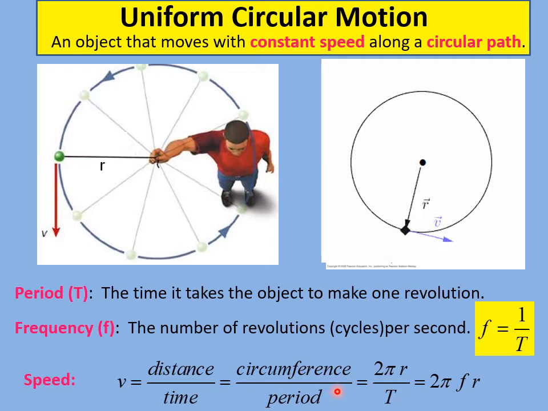So the speed of an object in uniform circular motion is given by 2 pi r, that's the circumference, divided by uppercase T, which is the period. And since T is 1 over the frequency, by inverting this relationship we also have another equivalent expression for speed. The speed is equal to 2 pi times the frequency times the radius.